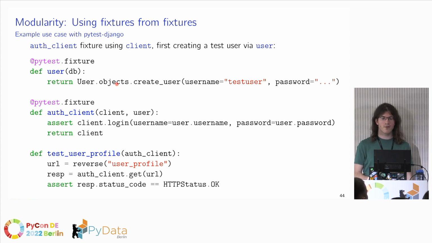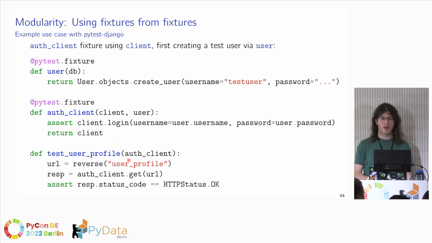And we would need to copy paste those two lines into every test which needs an authorized user. So what we do instead is we write a new fixture. Here I called it auth_client, which takes the existing client fixture and this user fixture above, calls login, and then returns the client fixture for tests to use.